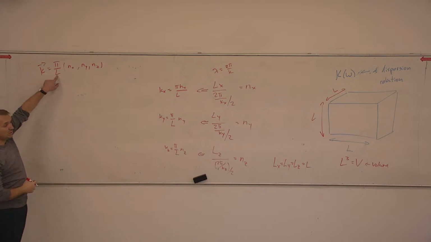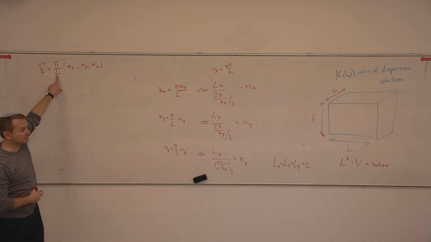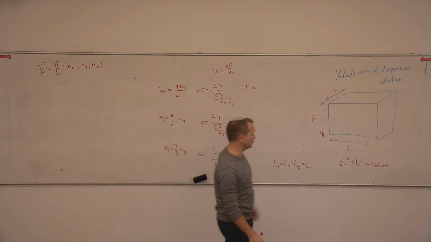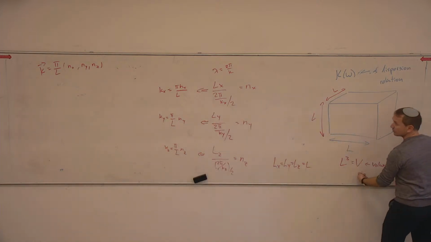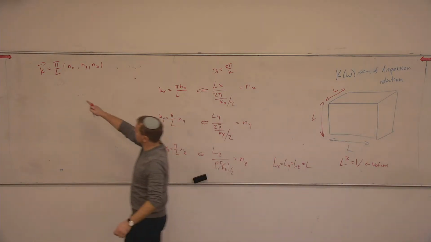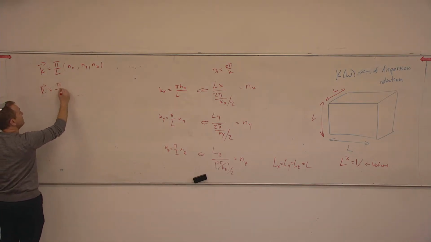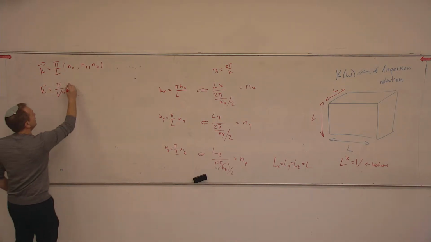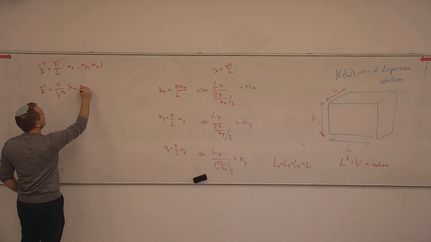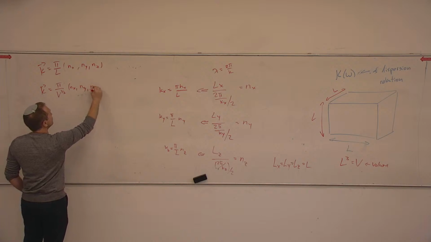And because I want a relation to the volume, instead of L I write k as π divided by the volume to the 1/3, times nx, ny, and nz.